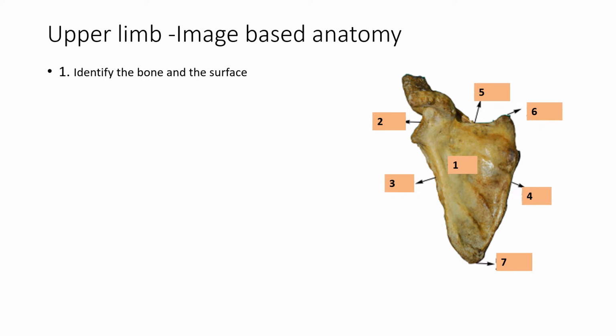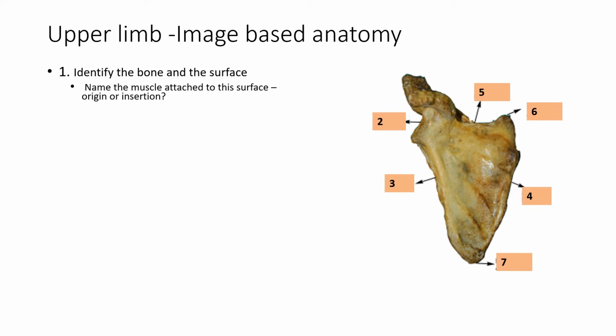And among the 3 angles, one of the angles is broader, that is the lateral angle. And based on these points, you can identify this as the right scapula, and the surface which you are seeing is the costal surface. This is the costal surface.